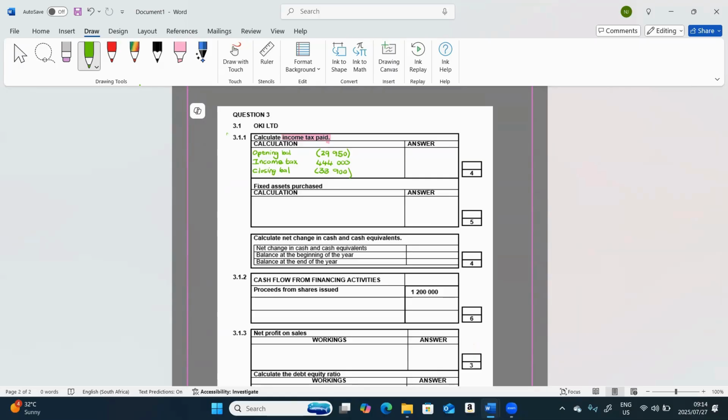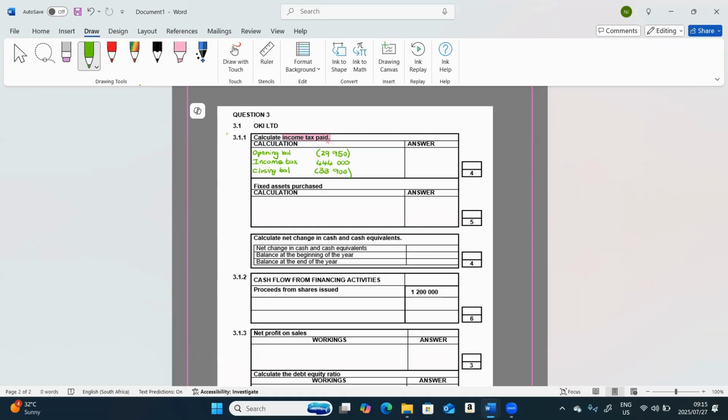Now you just take your calculator, guys, and calculate your final answer for your income tax paid. So your opening balance, you're going to say negative 29,950. You're going to add 444,000 Rand to it, and then subtract the 33,900 Rand, and you are going to get 380,150 Rand.